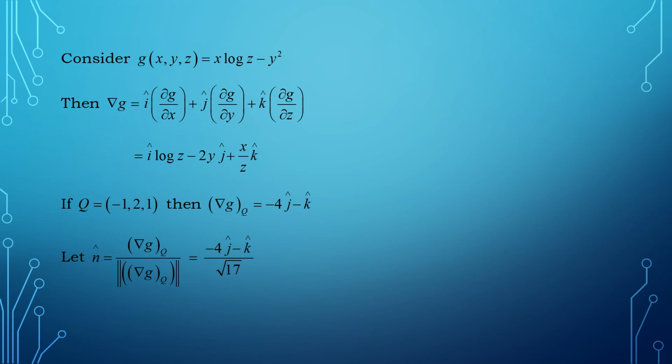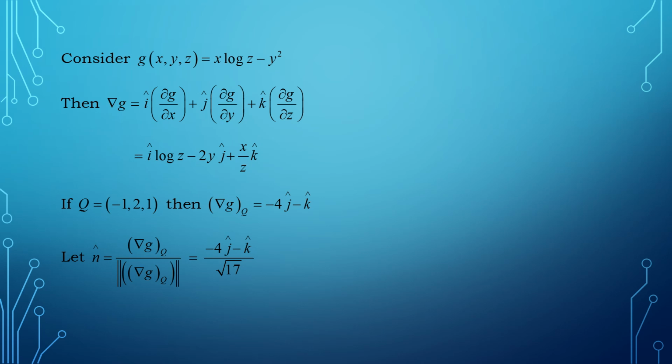So we need to find dou G by dou x, dou G by dou y, and dou G by dou z. For this given surface G of x, y, z equals x log z minus y squared, dou G by dou x becomes log z, dou G by dou y equals -2y, dou G by dou z becomes x by z. Now, we have to take Q equals (-1, 2, 1).